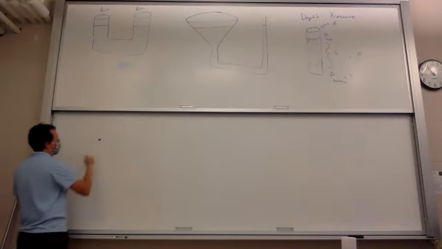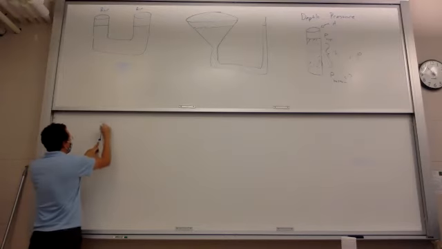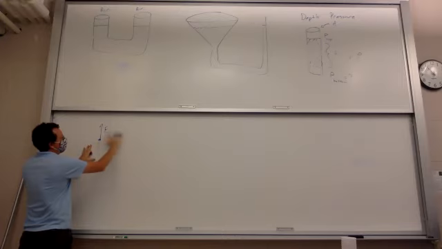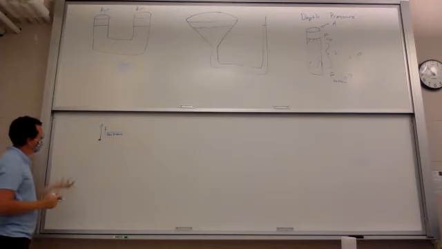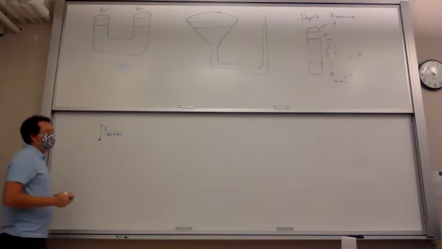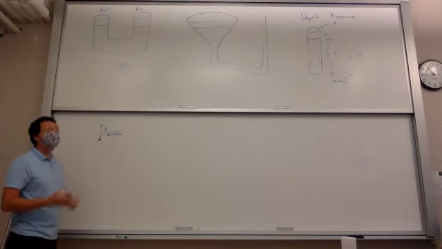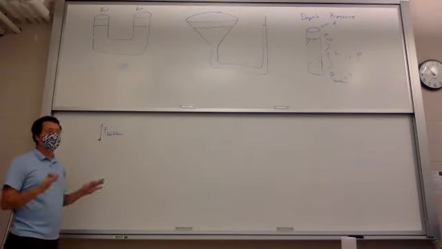There's my water. What are the forces? Well, there's a force from my hand. I said my hand, but really it's just the force at the bottom. My hand is just there to help you. It really doesn't matter. There's some force coming from the bottom. That's all I really care about.